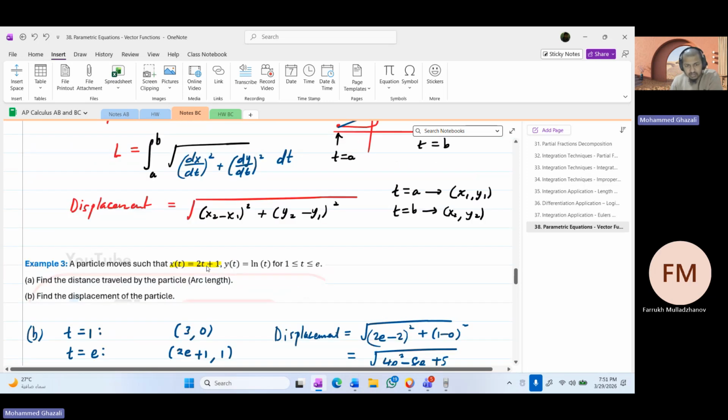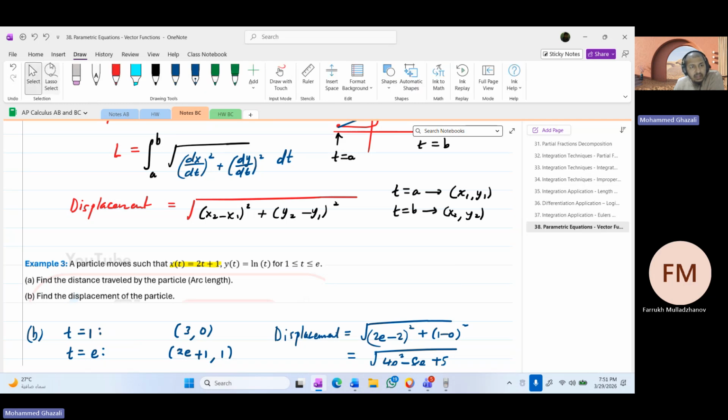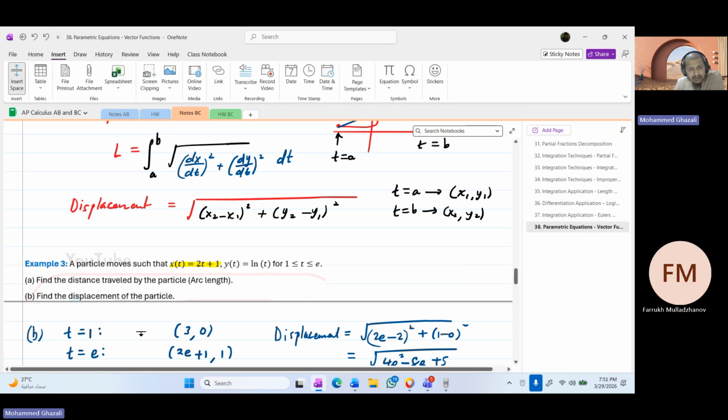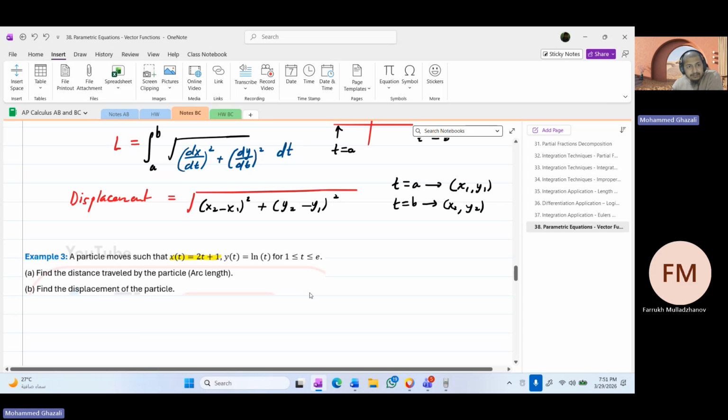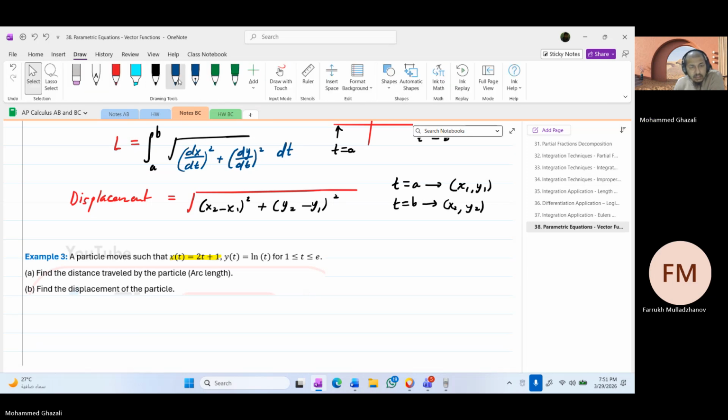Remember what I told you about the curve, that you can convert this parametric curve into Cartesian. How? You can convert this into Cartesian like this. But then you've got a problem with 1 and e, right? If you convert this into Cartesian, I'm just showing you what the curve looks like. You're going to say y is equal to ln.